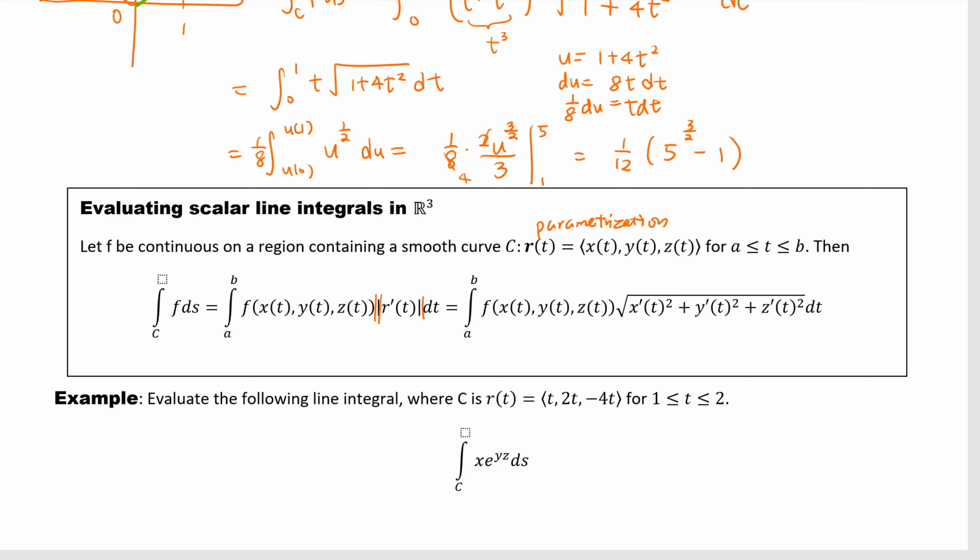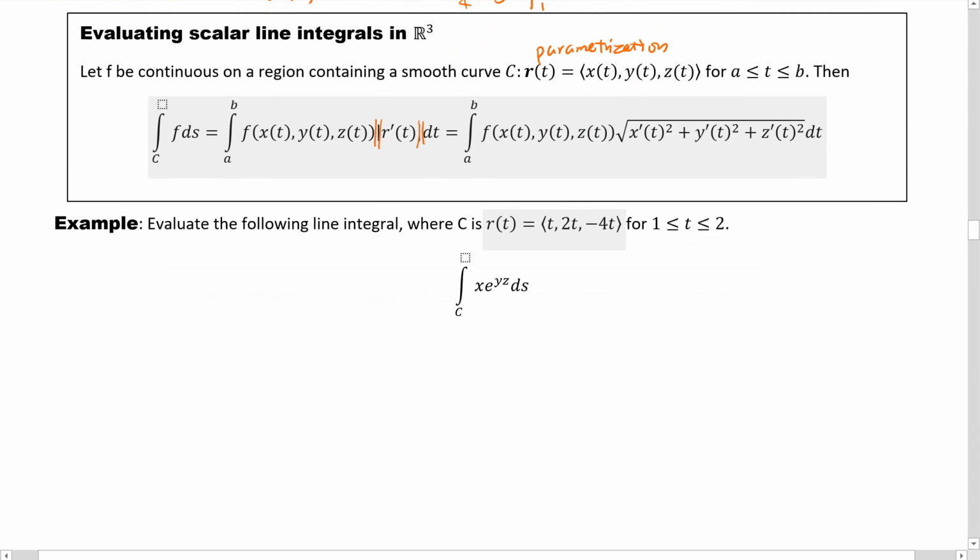Because we have a curve, now we can measure its speed. And that is f of x, y, z times the square root of x prime squared plus y prime squared plus z prime squared. So far so good, everybody? All right.